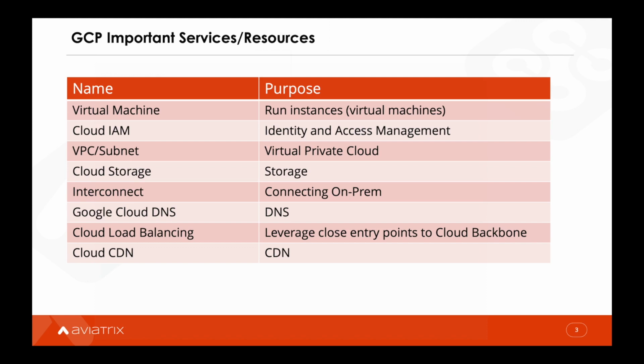So it's a private circuit that you purchase from the colo provider, for example, Equinix, Megaport, and some other providers out there. And they actually allow you to connect your on-premise data center and branches into GCP. So then we talked about the DNS, load balancing, and the CDN. So these are the terminologies you need to remember. These are the things you need to watch out for as a networking and security engineer or architect.